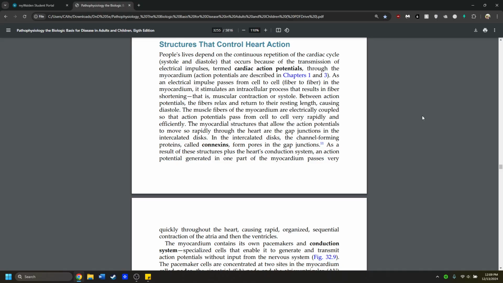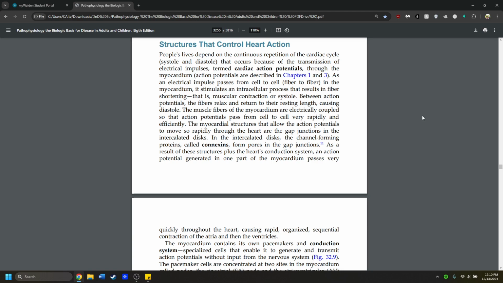As an electrical impulse passes from cell to cell or fiber to fiber in the myocardium, it stimulates an intracellular process that results in fiber shortening, that is, muscular contraction or systole. Between action potentials, the fibers relax and return to their resting length, causing diastole.